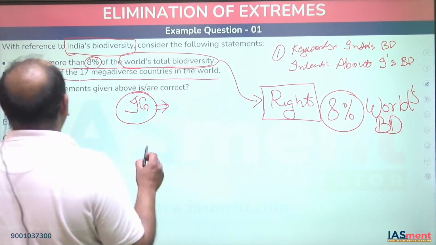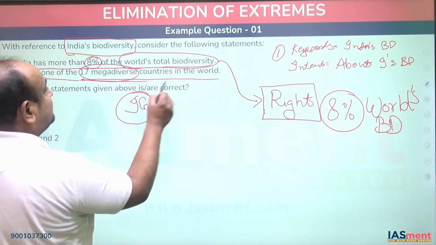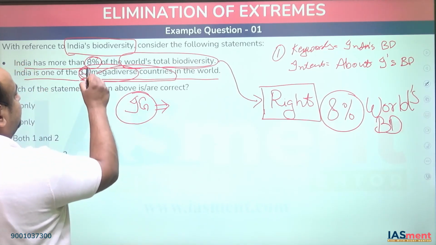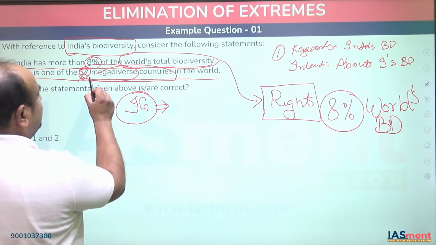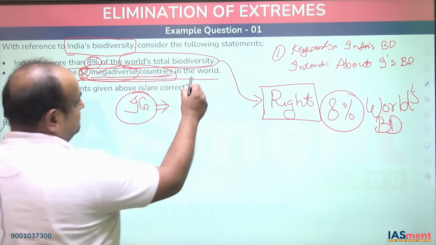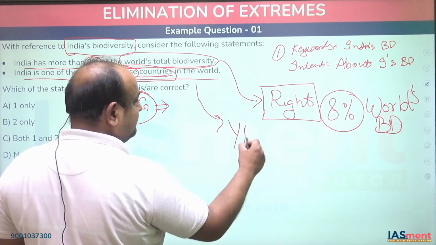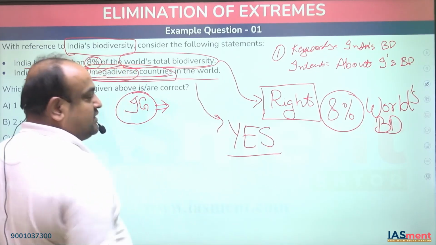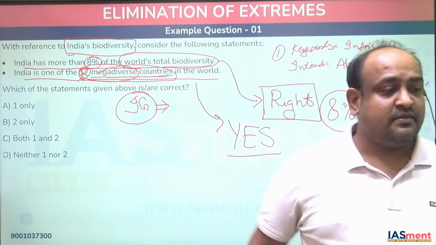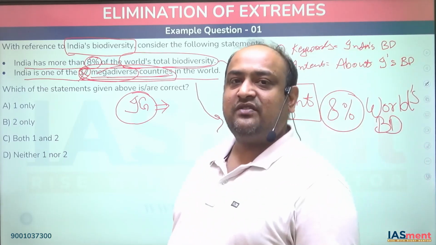Second, India is one of the 17 mega diverse countries in the world. Ignore this number. Just see mega diverse countries. Yes. See, there is a notion in UPSC which is followed.